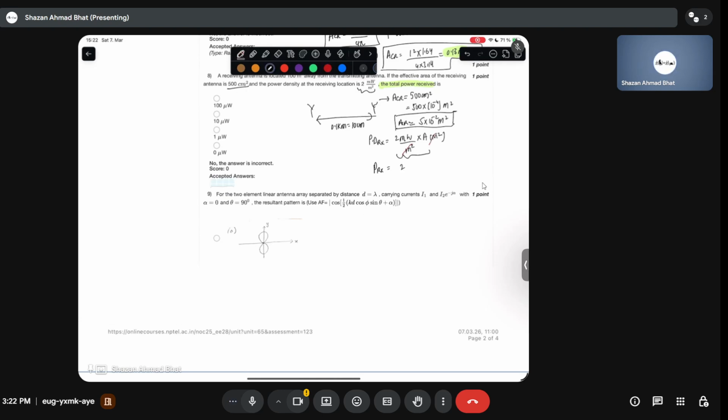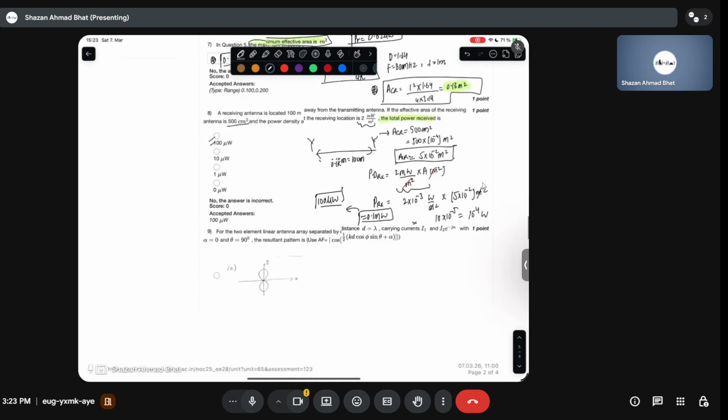So you have 2 into 10 to the power minus 3 watts per meter squared into 5 into 10 to the power minus 2 meter squared. You get 10 into 10 to the power minus 5, which is 10 to the power minus 4 watts. So it is roughly 0.1 milliwatts, which you can write as 100 microwatts. This is the exact answer to the question.